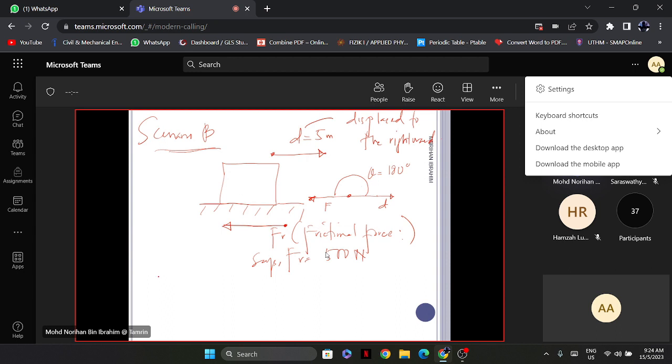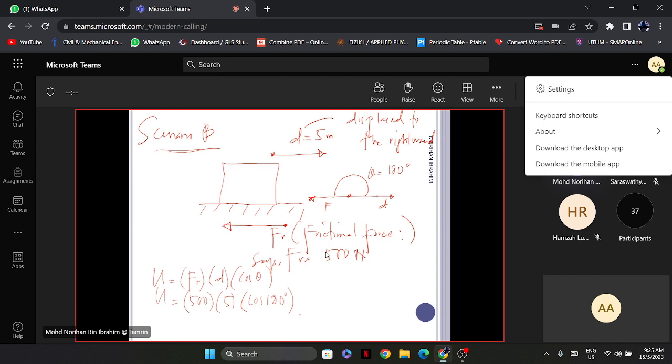And therefore, we can find out what is the work of frictional force. U is equal to Fr, F subscript R, kalikan dengan this D, kalikan dengan cos theta, where in this case theta is equal to 180. So Fr adalah 500 multiply with 5 meter, cos 180 degree.